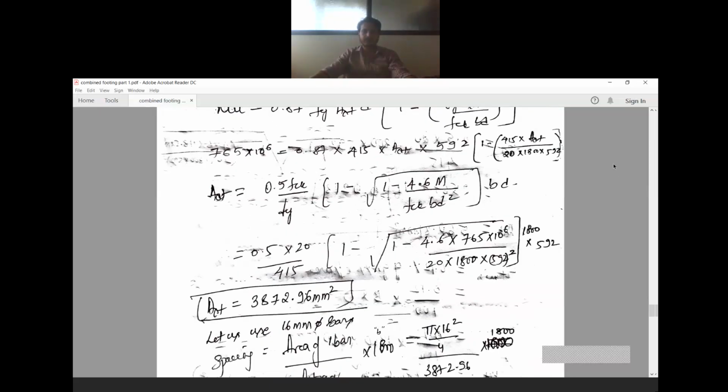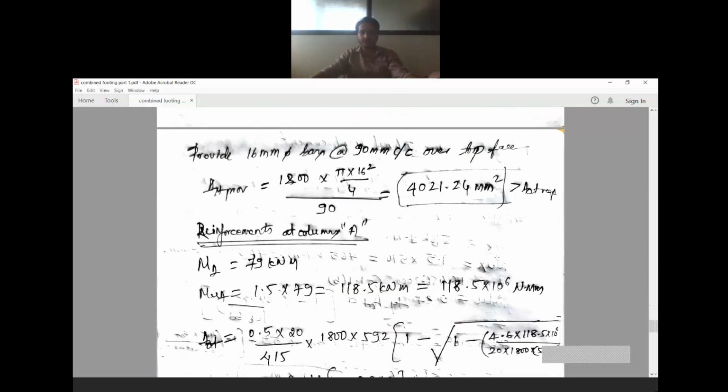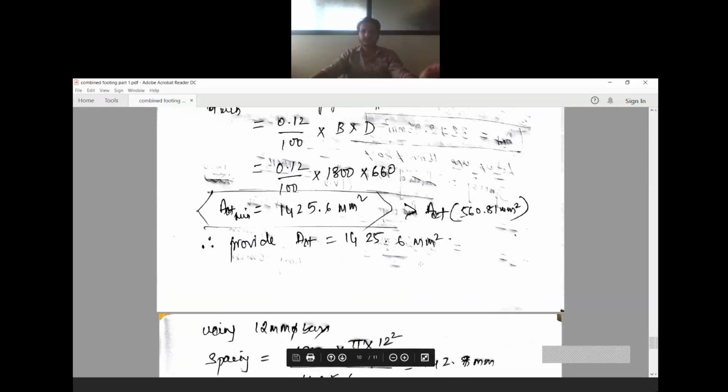Then we have the Ast, the spacing, the selection of the diameter of bar and spacing, and the actual rho. Then consider Ta, substitute the values, and get the steel parameters.